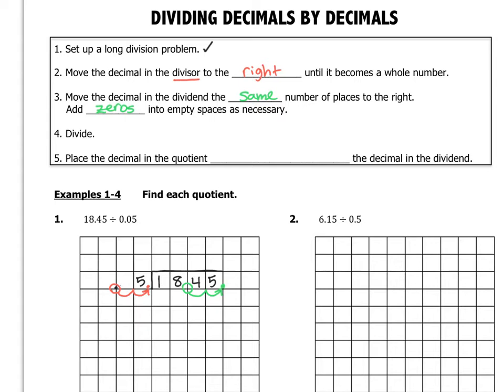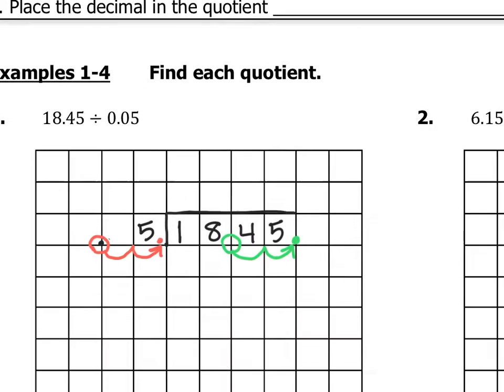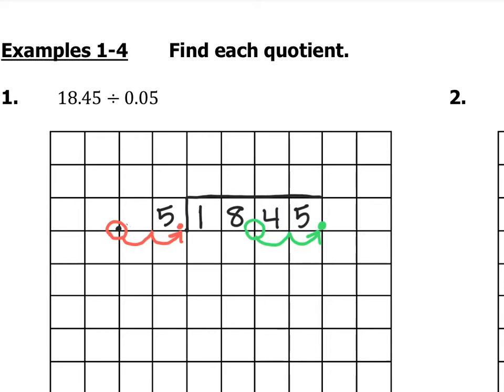Now you're going to treat this like the problem 1,845 divided by 5. Let's place the decimal point in our quotient before we start dividing though. Remember from our last video that in our quotient, the decimal point goes directly above the decimal point in the dividend. Well, in the dividend, my decimal point is now here to the right of 5. So in my quotient, my decimal point will go here.